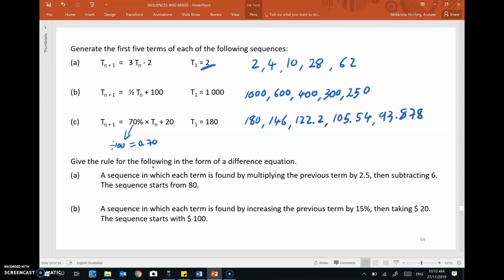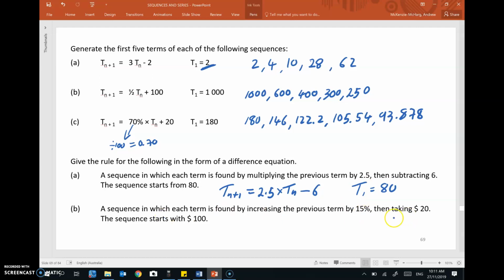Okay, so for this one, we're multiplying the previous term. So Tn+1 is equal to the previous term times 2.5. Don't really need that times in there. And then subtracting 6, so we take 6. The first term in the sequence is 80. You could put T0 there if you want. Up to you.